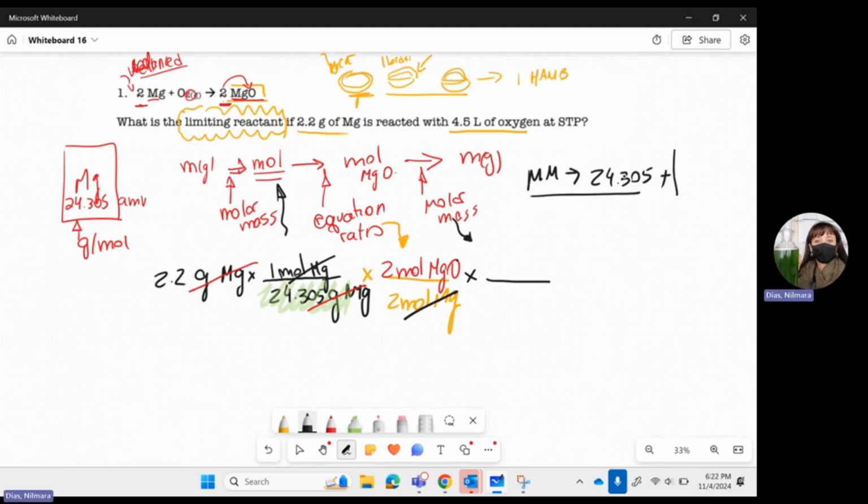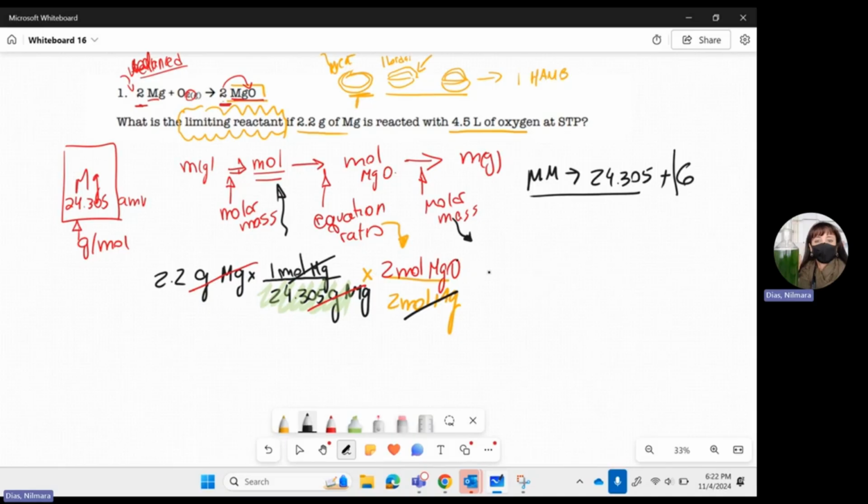No, I don't even need to, because we will not compare grams here. We can compare moles. Of course, I could do both, but even if you calculate just moles, you can compare.